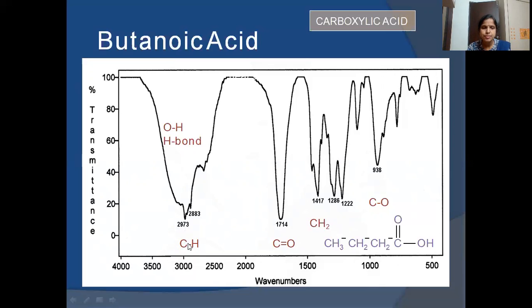It is sp3 CH. So like that, 2, 3, 4 bands in each and every spectrum. If you memorize the values, it will be very easy for you to learn. C double bond O around 1700, remember like that. So this is the spectrum of butanoic acid.